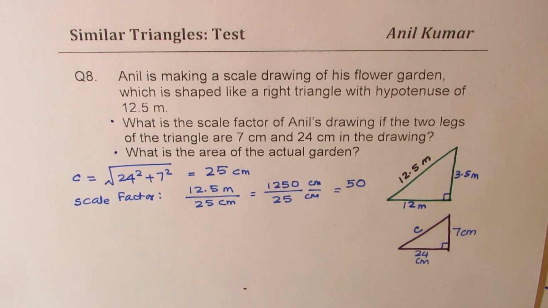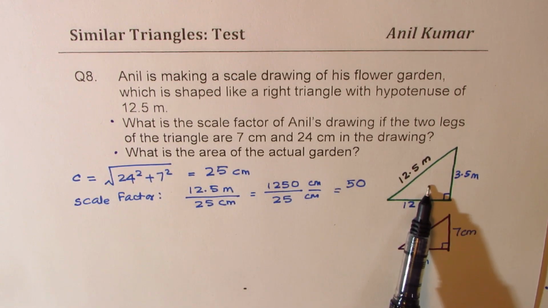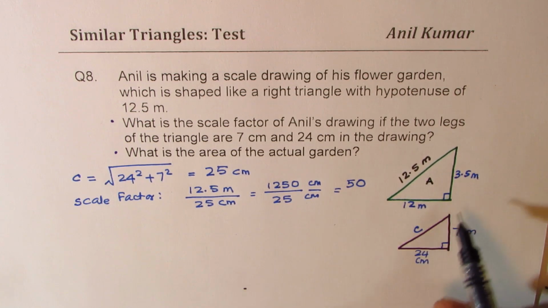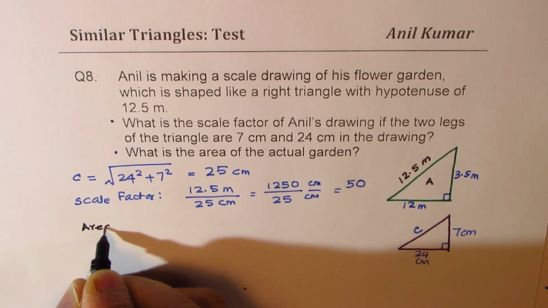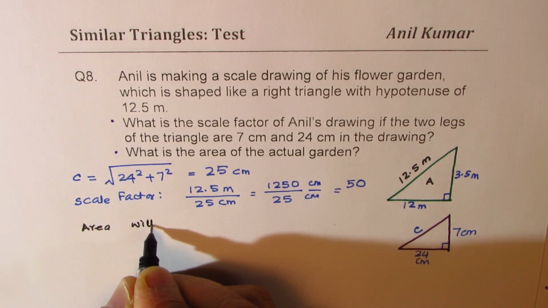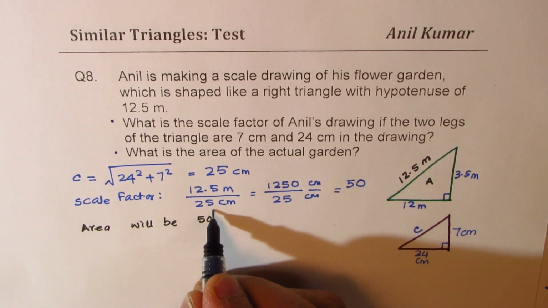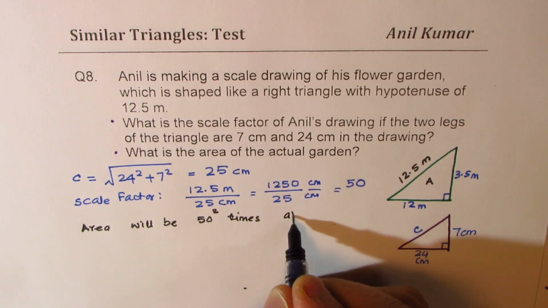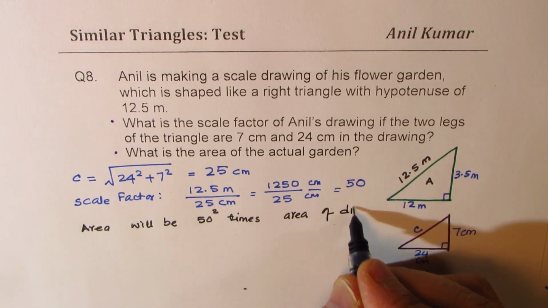Now, second part to this question is, what is the area of actual garden? We need to find area of this garden. How do you find it? Well, one way you can find the sides and then get it. The second way is, area will be 50 square times area of diagram.